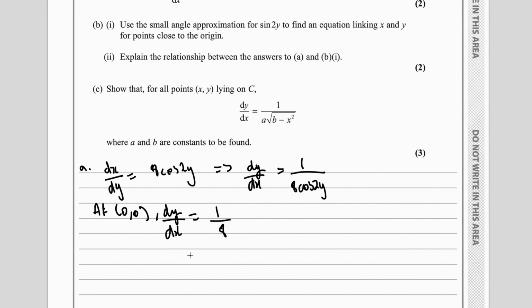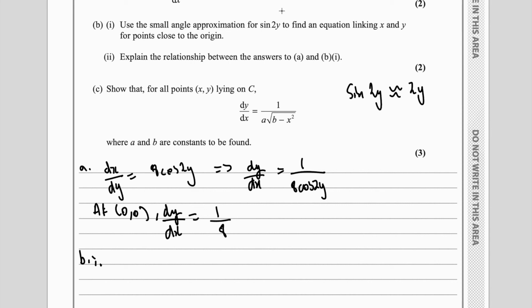And that's part A. For part B(i), what we're asked to do is use the small angle approximation for sin 2y to find an equation linking x and y for points close to the origin. Now, we've already explored small angle approximations within this paper, but sin 2y, when y is small and measured in radians, is going to approximate to 2y. Okay?